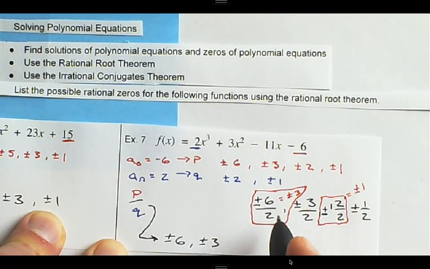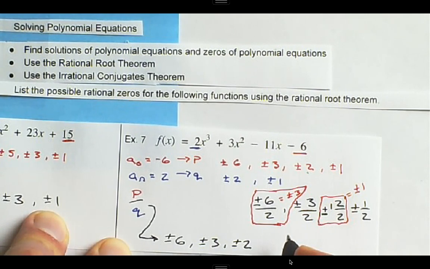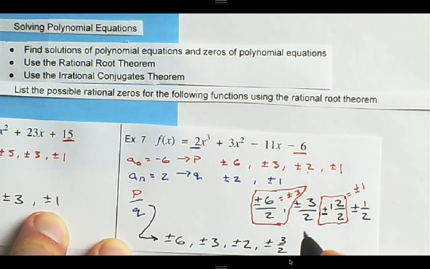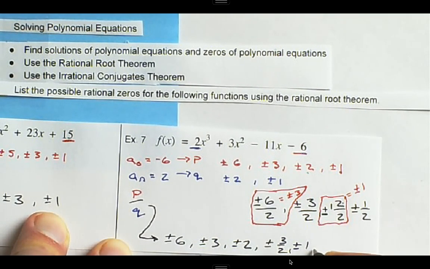Then our next one is plus or minus 2, that came from right there. Then we have plus or minus 3/2, that came from right there. Plus or minus 1 came from right there and right there. And plus or minus 1/2.